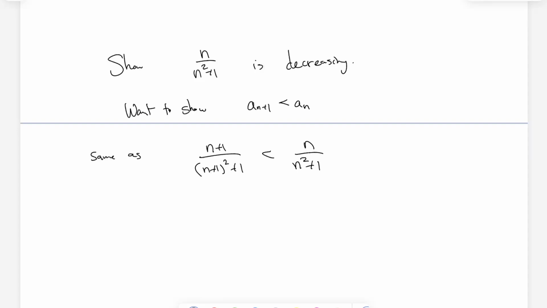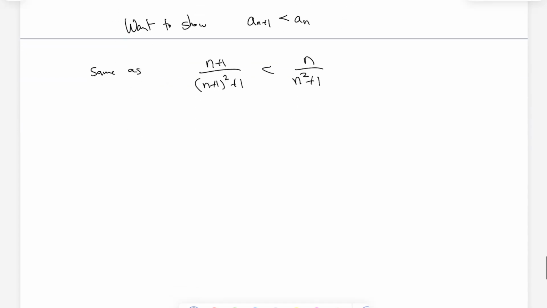All right, to simplify, let's expand out, do the FOIL in the denominator on the left side. So this is the same as n plus 1 up top, and then square that out and then add 1. I think you will get n squared plus 2n plus 2, and n over n squared plus 1, right? Now do the cross multiplying.